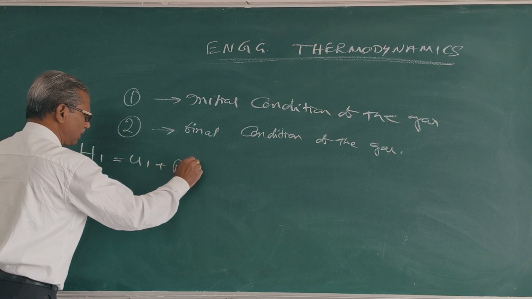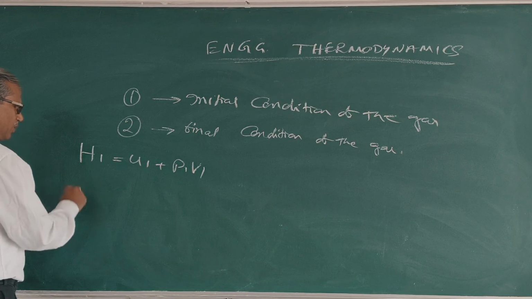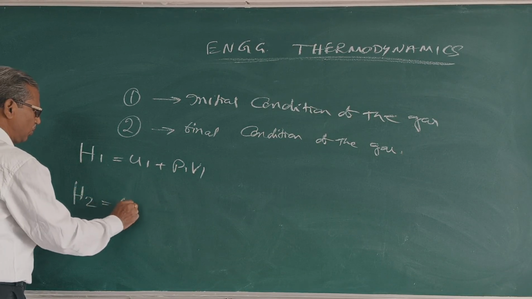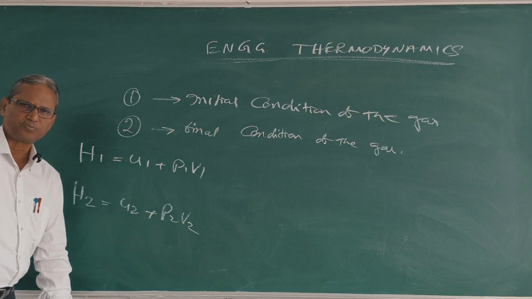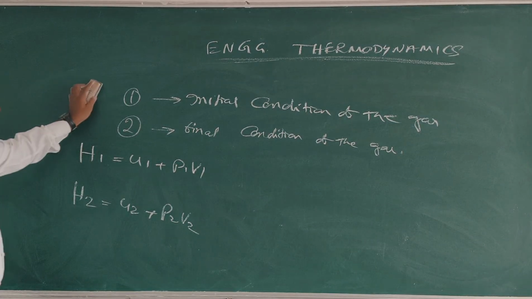U1 plus P1 V1. What is H2? U2 plus P2 V2. Clear?